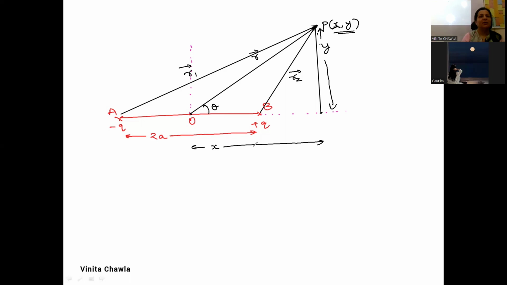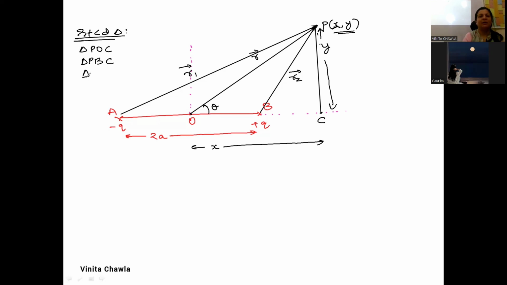Now you can see we have three different right angle triangles here. Let this point be C. How many right angle triangles do we have here? First right angle triangle is triangle POC. Second right angle triangle is triangle PBC.